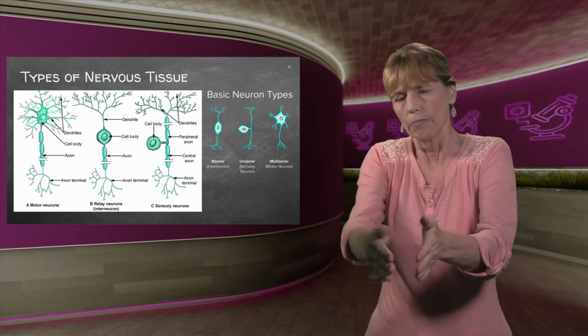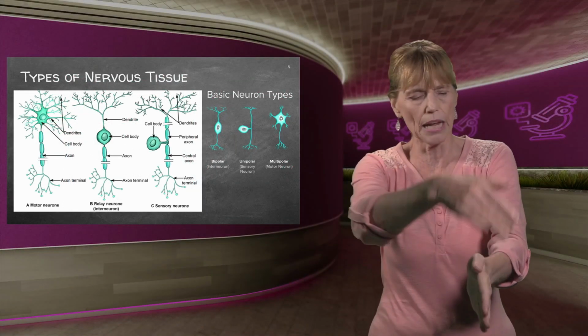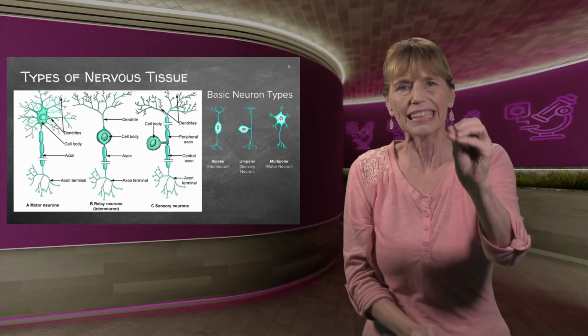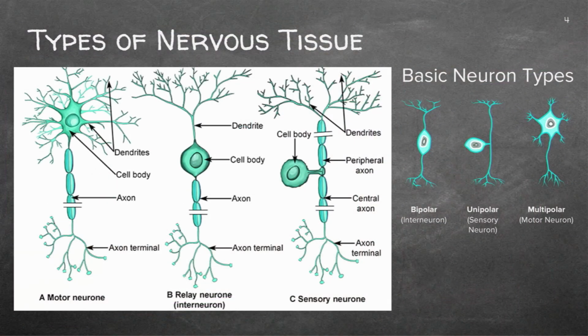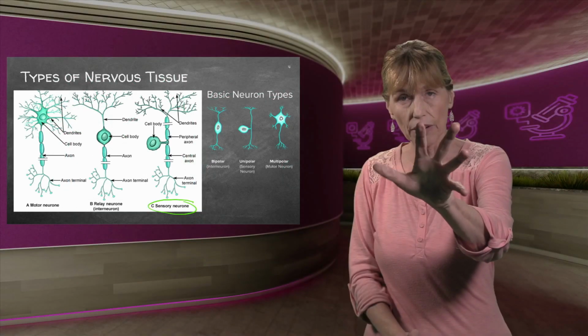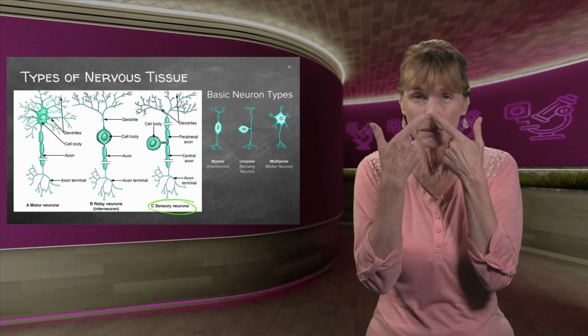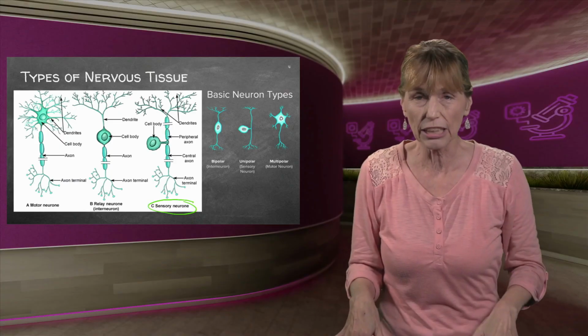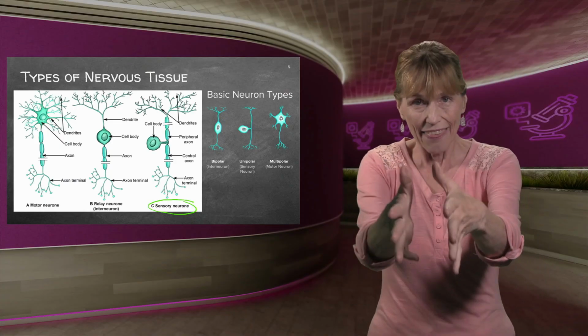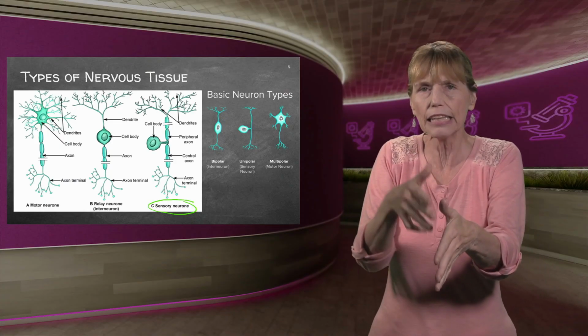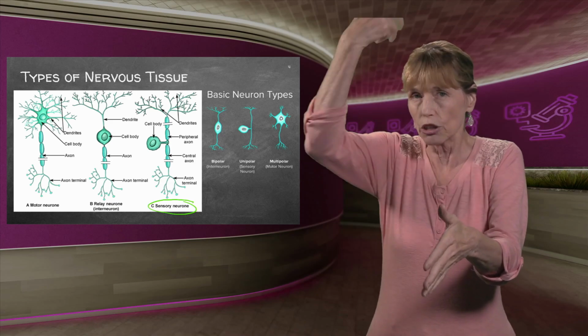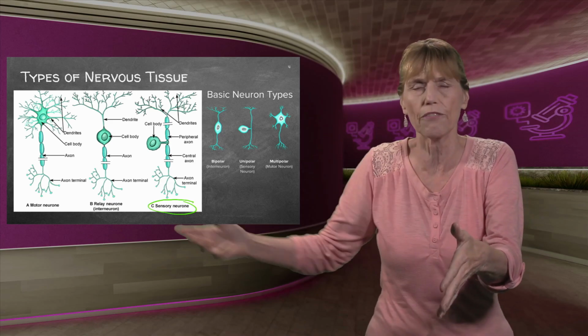Watch. Right. You've got information coming in. It's a sensory neuron. Sensory neuron is when the information is sensed. Your 5 senses, you hear it, you smell it, you see it, you touch it, you taste it. That information needs to be relayed to the brain so that the brain can tell you what to do with the information.